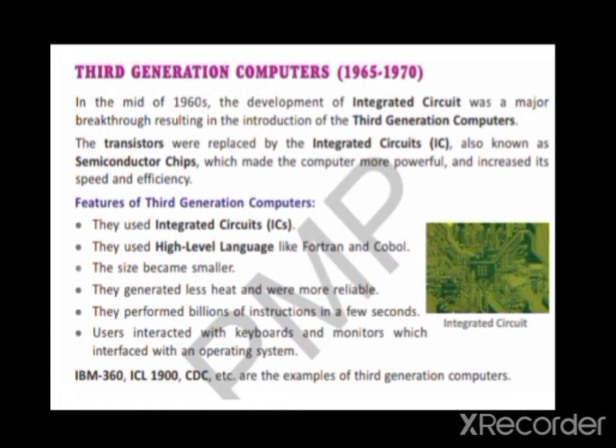After the transistor, comparatively, integrated circuits are smaller. And after that, some new features came in the third generation. They used high level language, they were now very small in size, and we can also rely on them. They are reliable also. Examples of third generation computers are IBM 360 and ICL 1900.